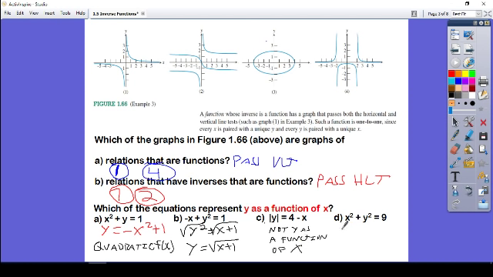All right, and then for problem D, x squared plus y squared equals 9. That's a circle, and a circle fails the vertical line test, so not a function. All right, maybe I'll spend some more time explaining C later, but let's move on for now.